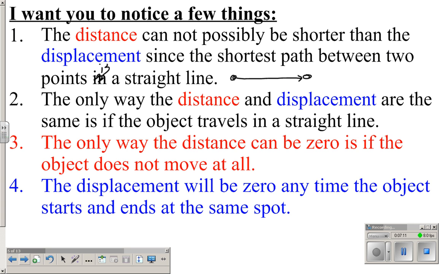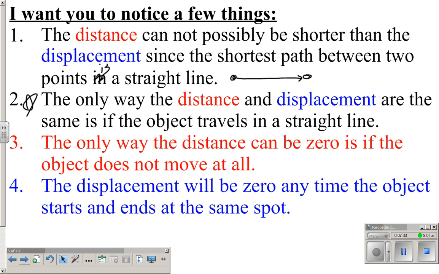So that then directly leads you into number 2, which says that the only way that the distance and displacement can be the same is if the object travels in a straight line. All right, that's definitely something you need to know. I think that's one of the learning targets. You need to make sure you understand that if your object travels in a straight line, then your distance and displacement are the same. Okay.